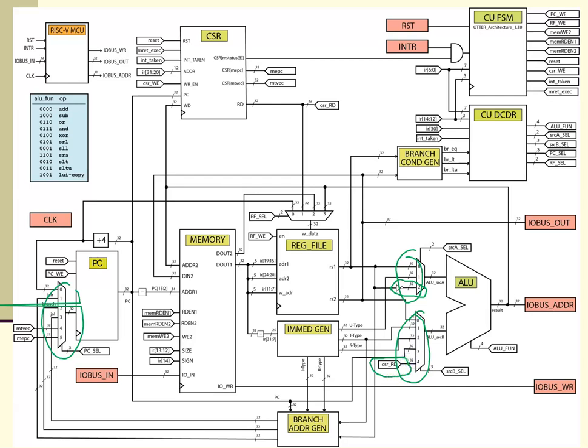Remember, if I'm setting a bit, I need to know the data to set it in. And so this is from the CSR unit. I'm going to add this signal to get a complement, and then this is already there. I'm going to use that signal as well. And that's it, folks.